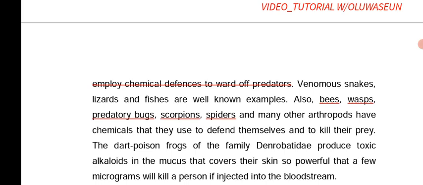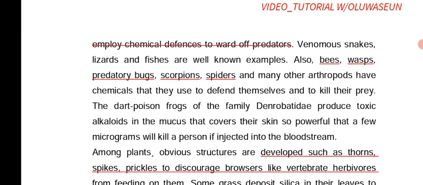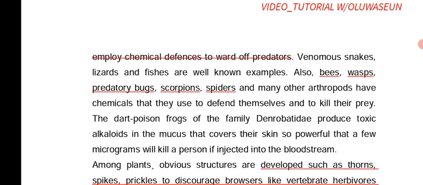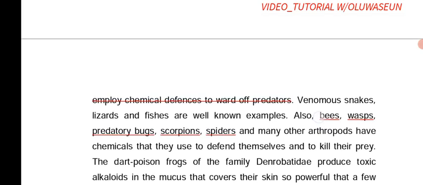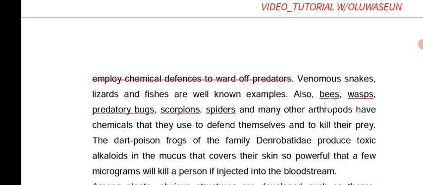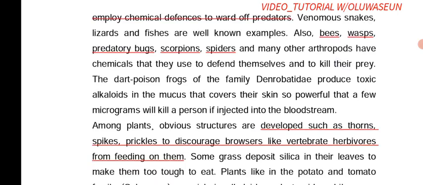Then bees, wasps, predatory bugs, scorpions, and spiders, I'm sure you know that all of these animals are very toxic. Even if man is to eat them, we go through a lot of processing before we eat them. So that's number one. As far as animals are concerned, they use chemical defense to ward off predators.